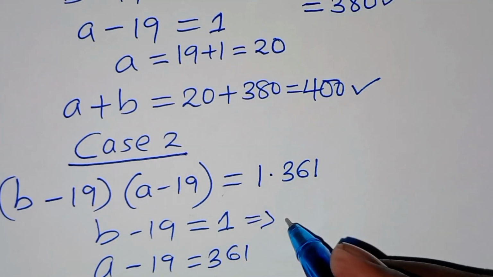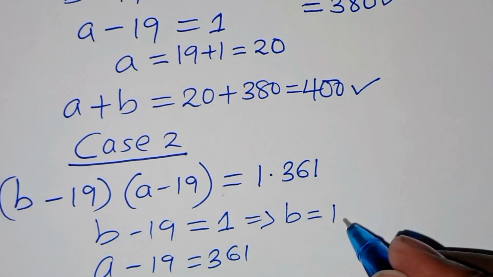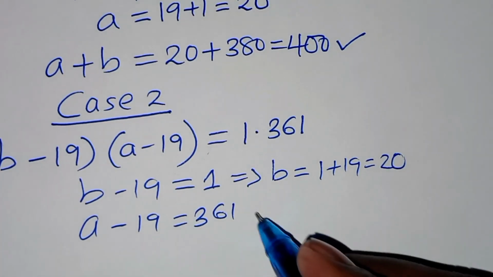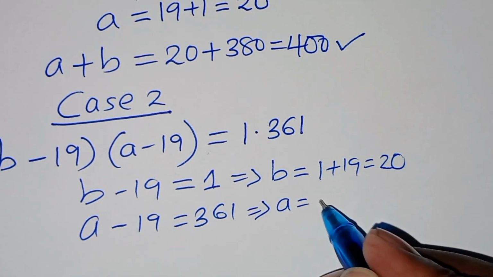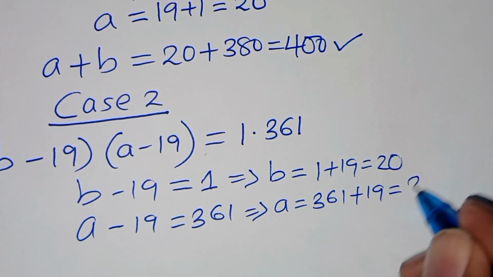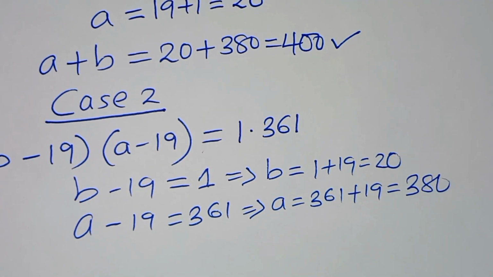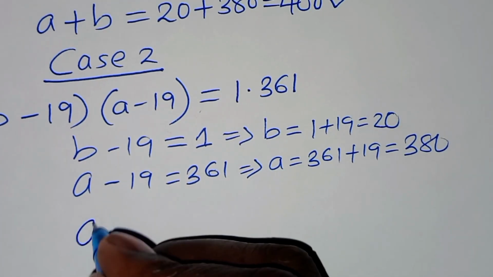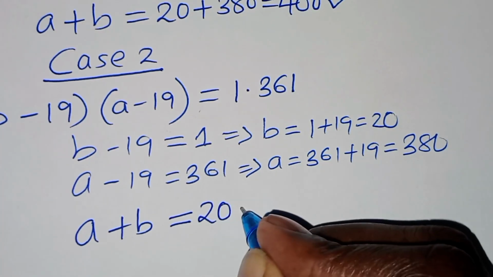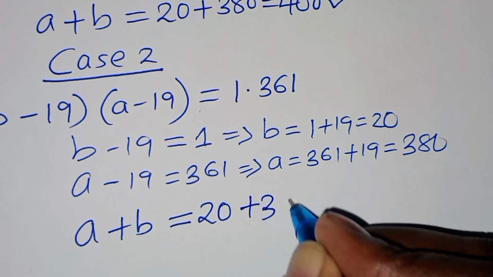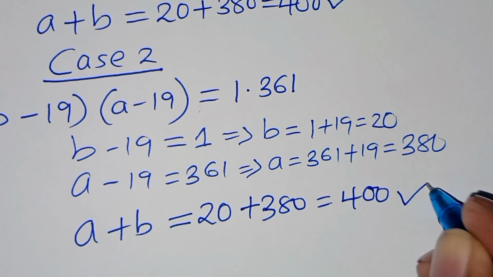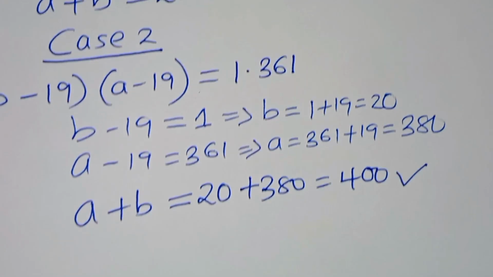So b is equal to 1 plus 19, which is 20, and a is equal to 361 plus 19, which is 380. Therefore, a plus b is equal to 20 plus 380, which is 400. This is the solution to case 2.